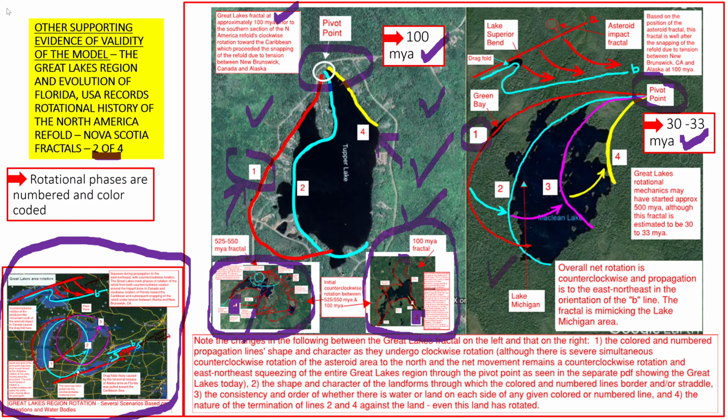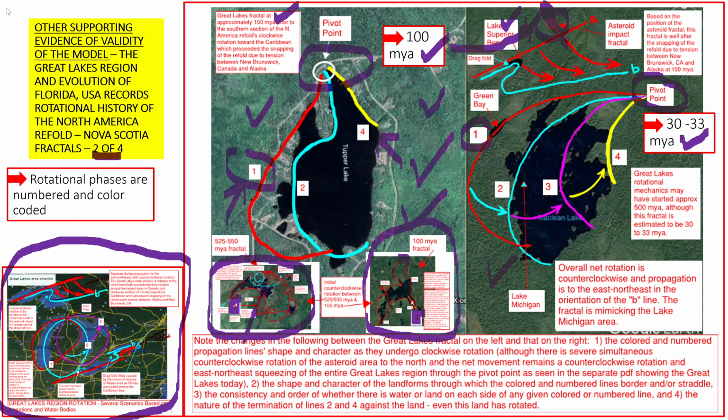The Great Lakes region is shown from this lower insert fractal. So this is the Great Lakes region blown up here on the left side. If we go over to the right side, you can see the Lake Superior bend here and this drag fold from the pendulum-like rotation going this way, and even the Nastapoca arc here, the fractal that I'm circling that shows that pendulum-like rotation, fully rotated to this position, oriented that way.